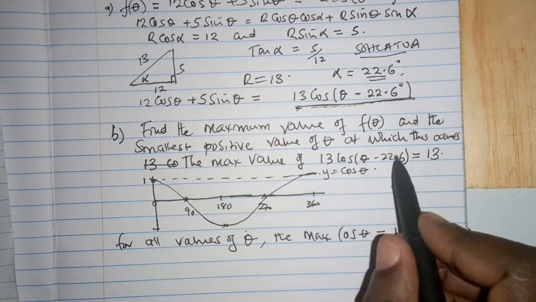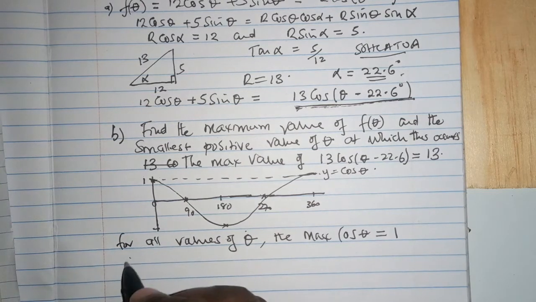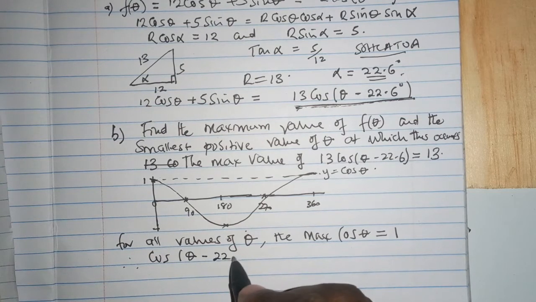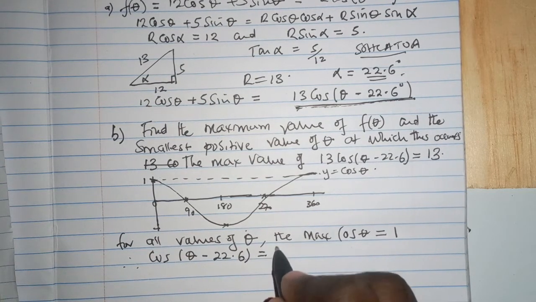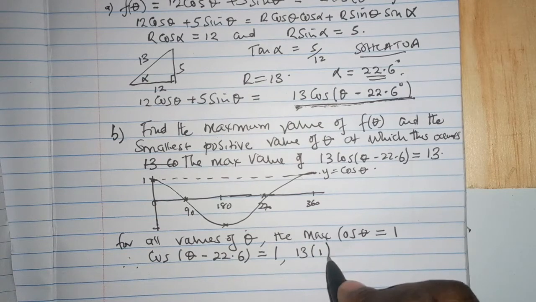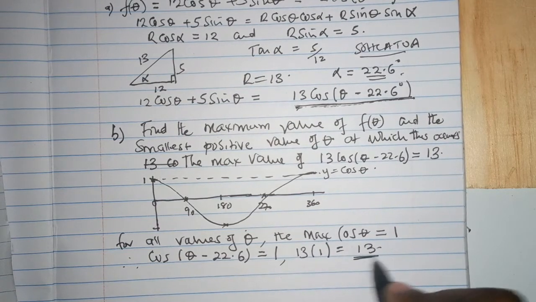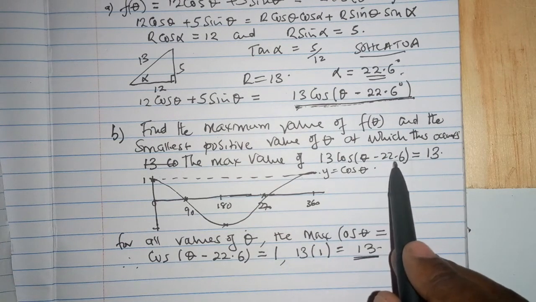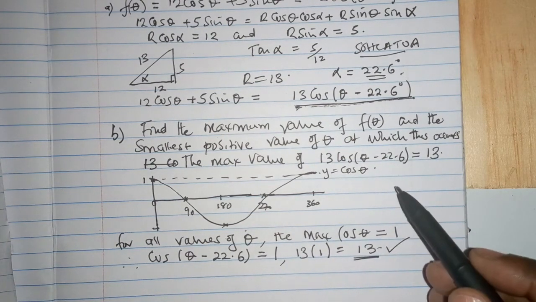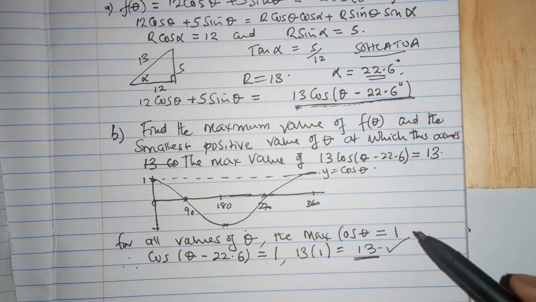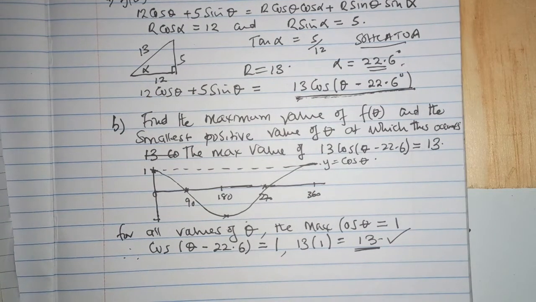So for this to be 13, it means the cosine of theta minus 22.6 must be 1. If it is 1, then 13 times 1 is equal to 13. And that is why we are saying the maximum value of 13 cosine theta minus 22.6 is 13. I just felt that I should explain this part to see how we are getting 13. But it is the other part that we must work on.